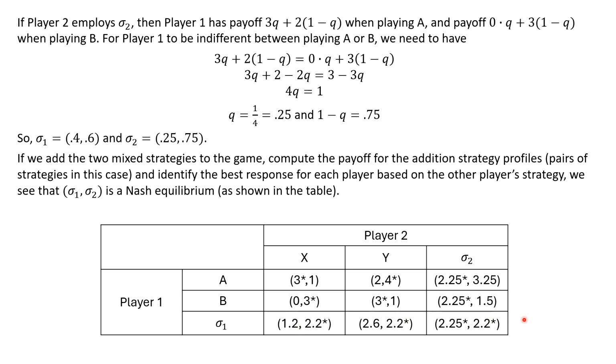But now you see that we have a star in both cells. And so this is the Nash equilibrium. We have player 1 playing sigma sub 1 and player 2 playing sigma sub 2. And these are the respective payouts. Okay, so quite a bit of calculation there. And this is only a 2-player game with only 2 pure strategies. And then we had to develop these mixed strategies in order to finally get a Nash equilibrium.